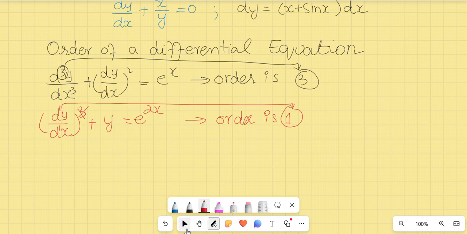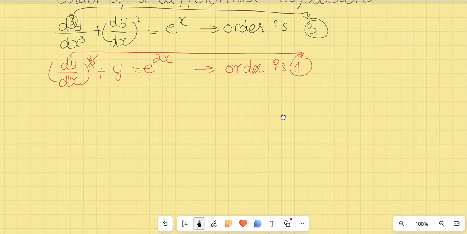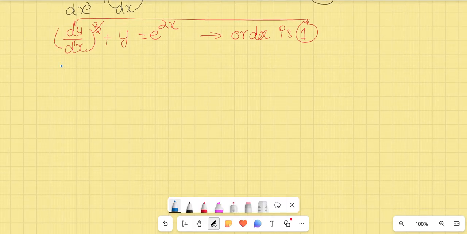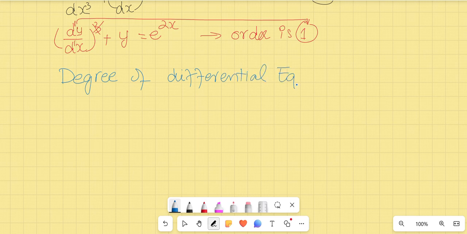Similarly, the other thing is the degree of differential equations. What is the degree of a differential equation? The power of the highest derivative is called the degree of the differential equation.